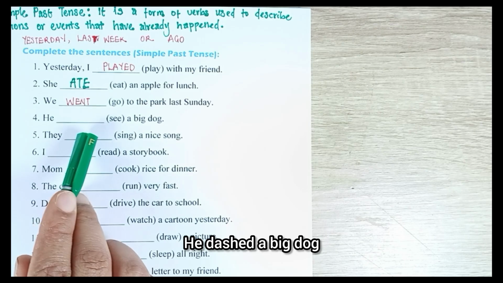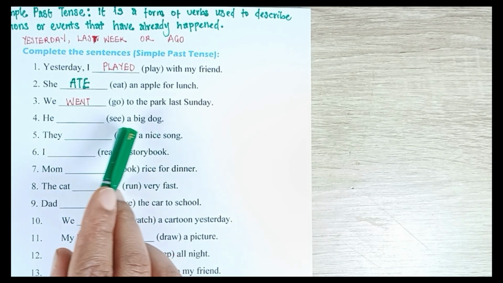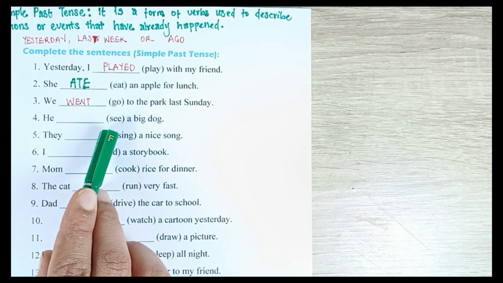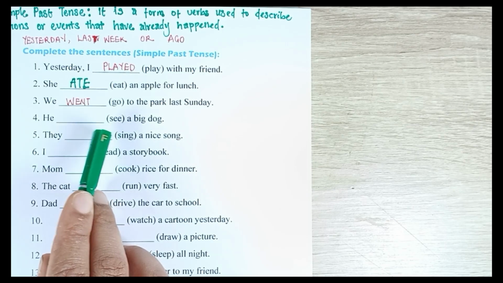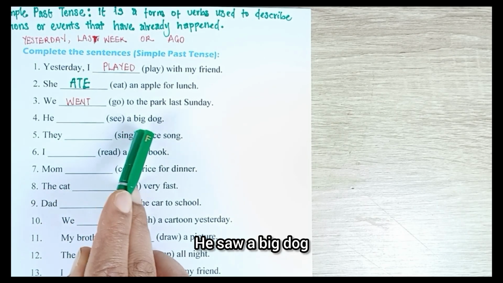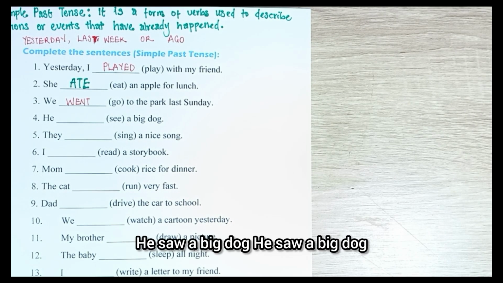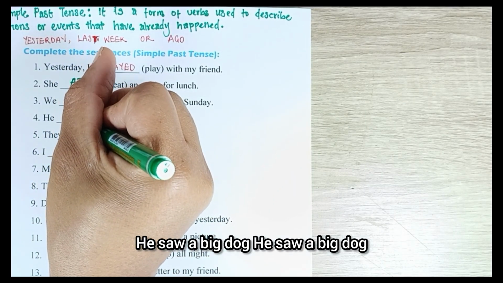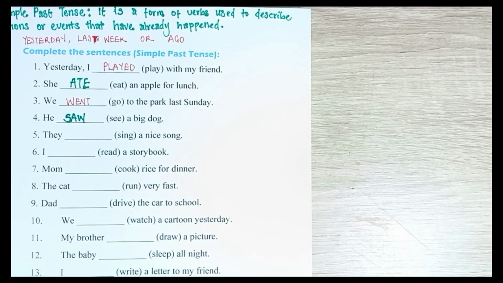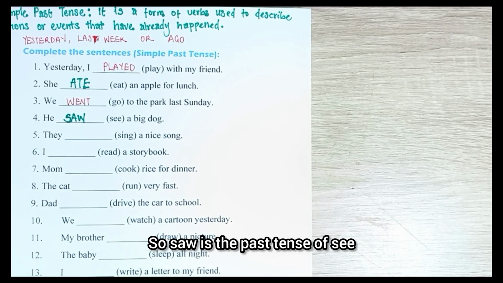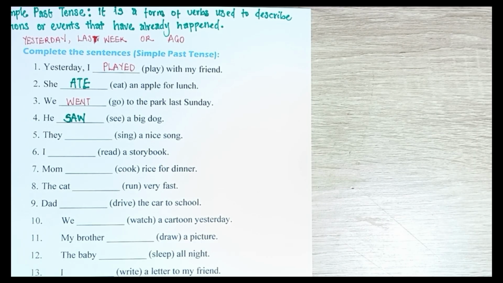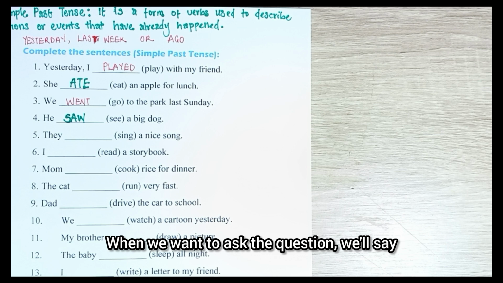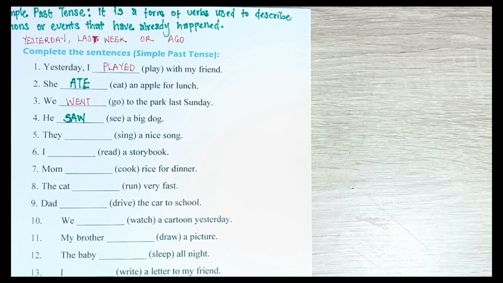He dashed a big dog. What did he see? He saw a big dog. So saw is the past tense of see. When we want to ask the question, we'll say, what did he see? Then the response is, he saw a big dog.